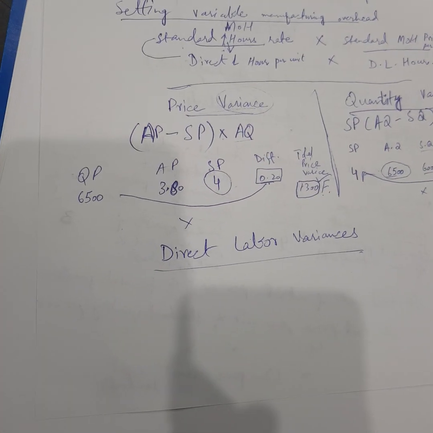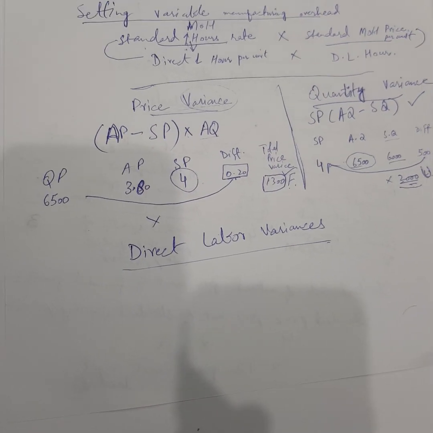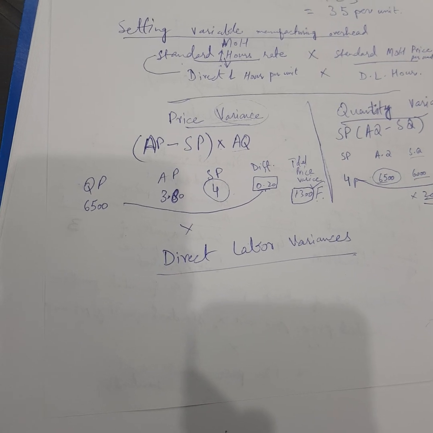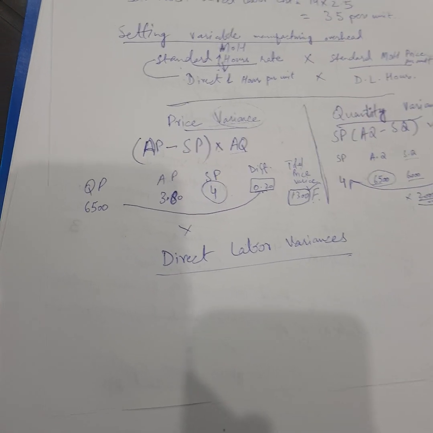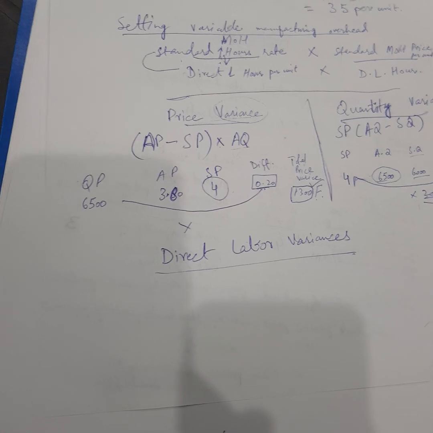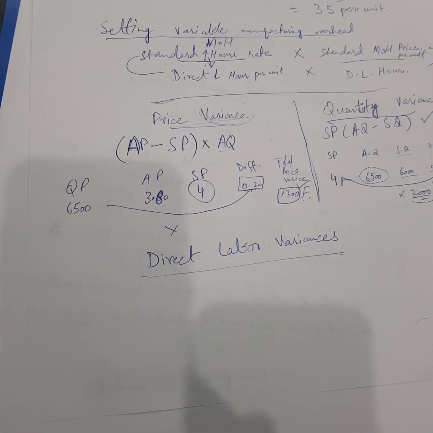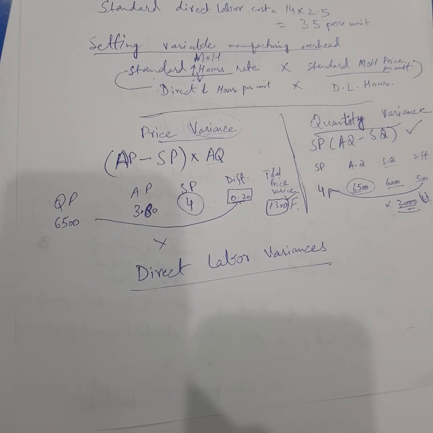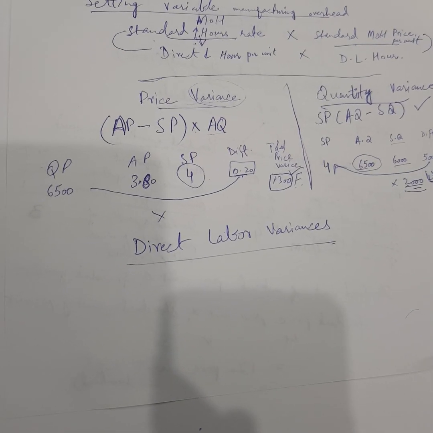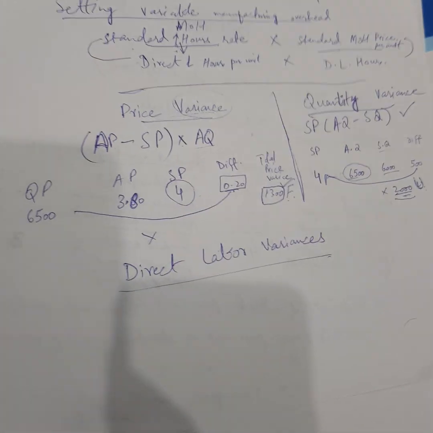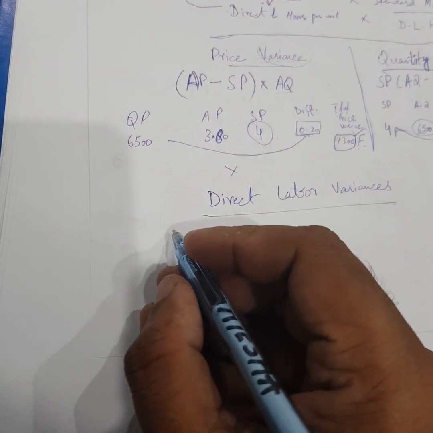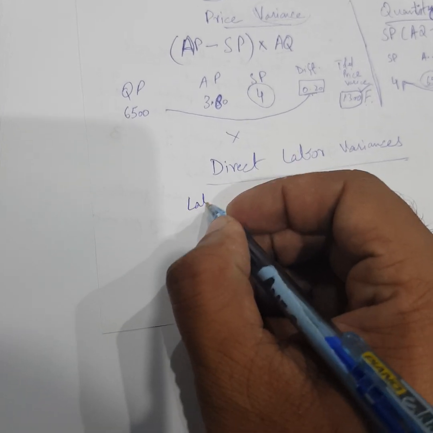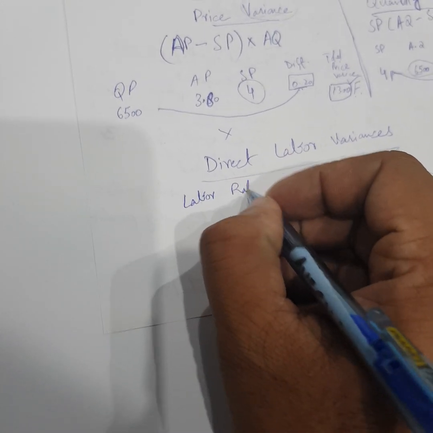One is skilled labor and the other is unskilled labor, and we can judge their skills on the basis of their experience, efforts, and knowledge. First of all, the variance that can occur in direct labor is the labor rate variance.